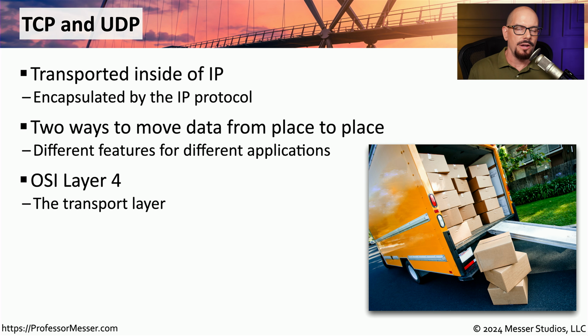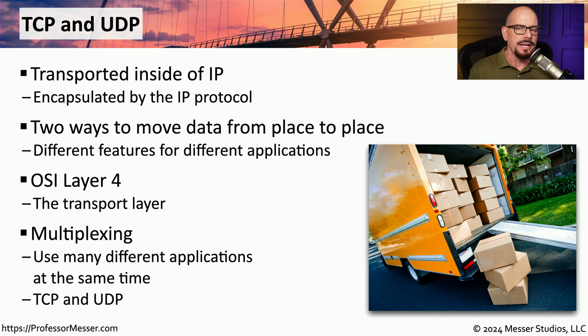If you recall our video on the OSI model, you'll remember that TCP and UDP operate at OSI layer 4, or the transport layer. It's in this layer that we're able to send many different applications across the network simultaneously between exactly the same devices. We refer to this as multiplexing, and it describes the efficient process of transferring multiple applications simultaneously between multiple devices.